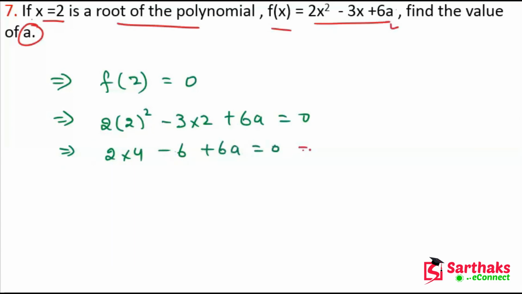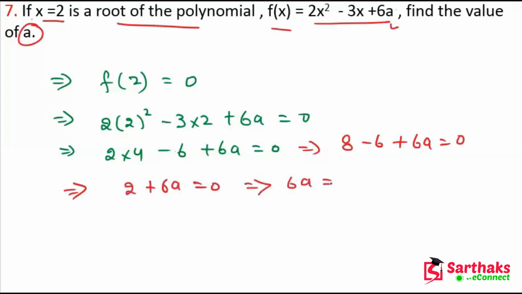So this becomes 8 minus 6 plus 6a is equal to 0. 8 minus 6 is 2, so 2 plus 6a is equal to 0. This gives 6a is equal to minus 2. Now a is equal to minus 2 upon 6.